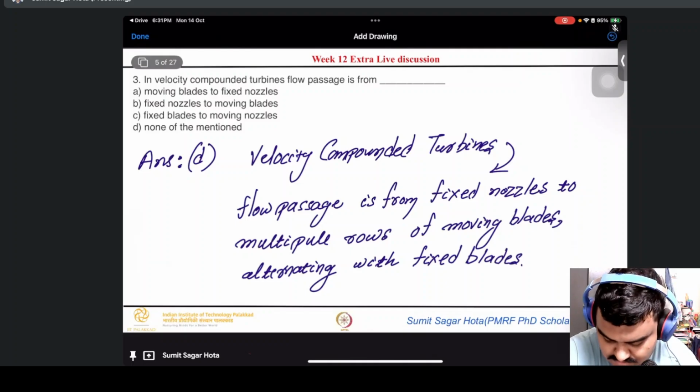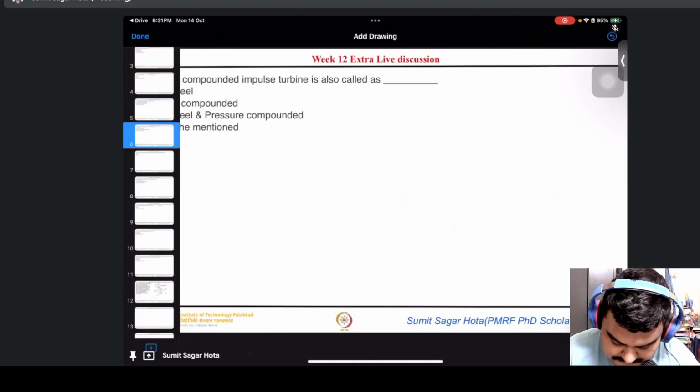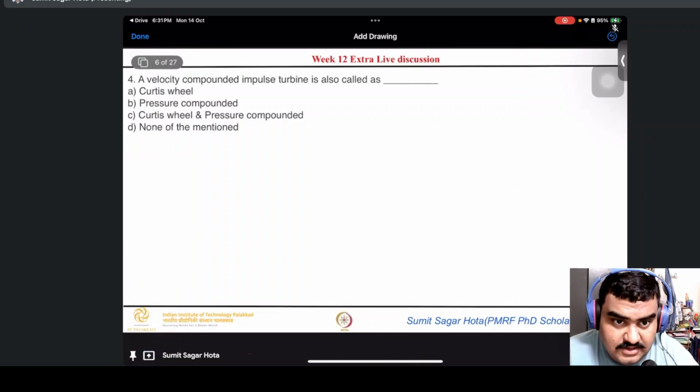A velocity compounded impulse turbine is also called like this.